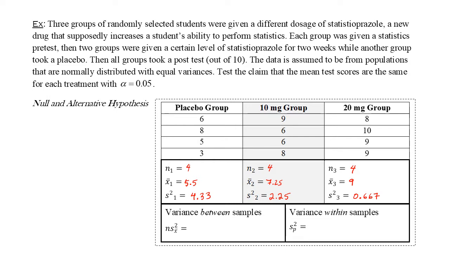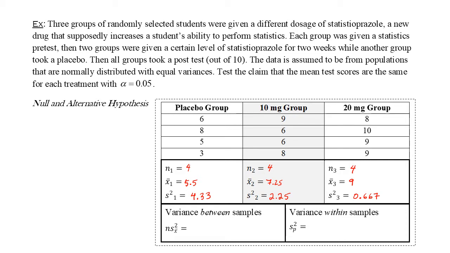Although it might also be tricky, because in this case you've got an 8, in this case you've got a 9 and an 8, and both of those values are in this group as well. So it's very possible that if I got an 8 or a 9, it could have come from the placebo group or the 10 milligram group.